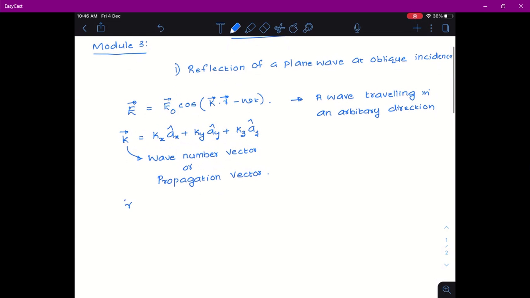And r is equal to x ax cap plus y ay cap plus z az cap, and this is our normal position vector.